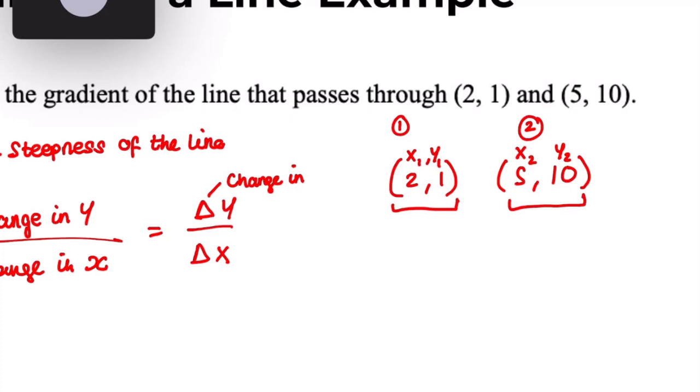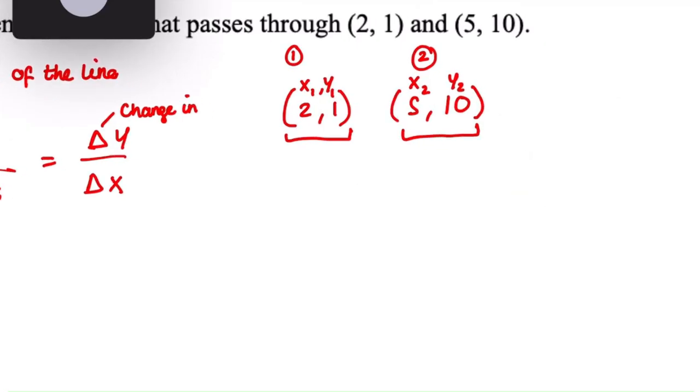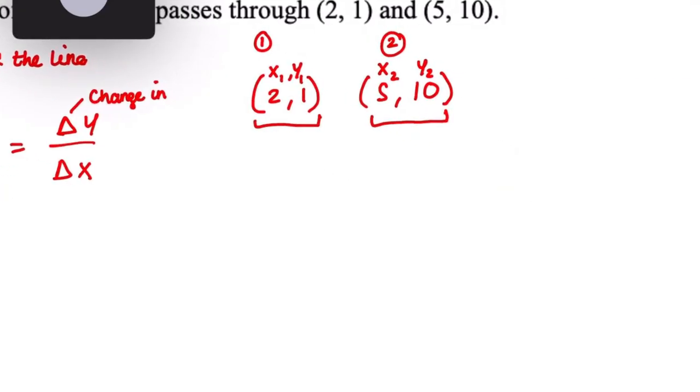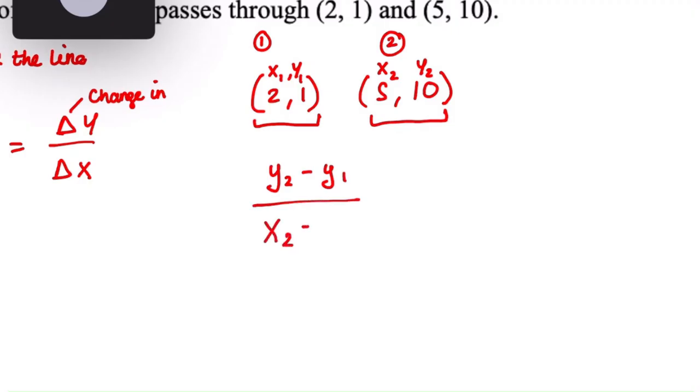Now, all you're going to do is the following. You're going to get the y coordinates, subtract them, and divide by the x coordinates subtracted. So we take y2, subtract y1, and divide it by x2 subtract x1.